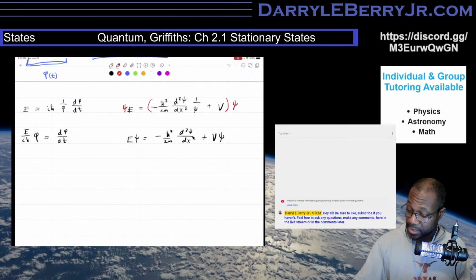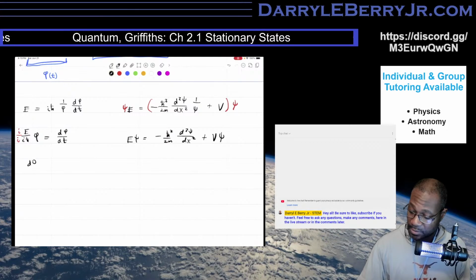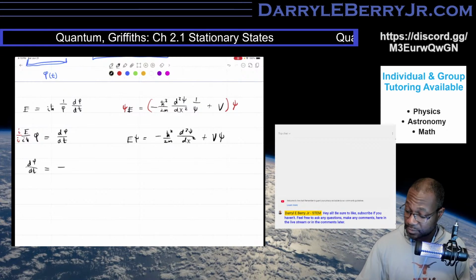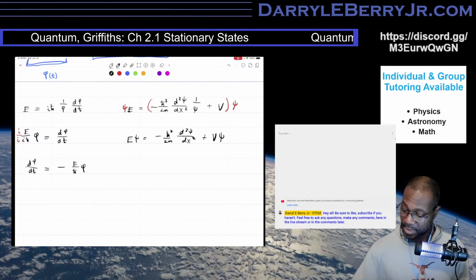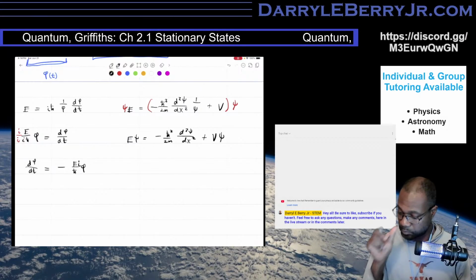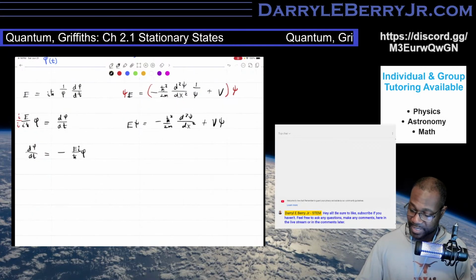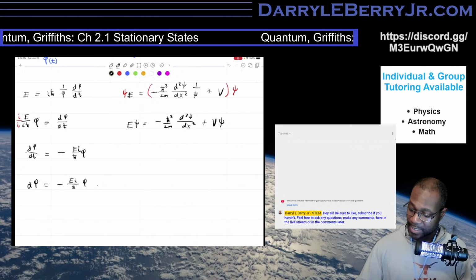And I can multiply this by i over i to simplify that side. Multiplying by 1 doesn't change anything. So d psi over dt equals negative E i over h bar psi. And we can multiply both sides by dt, and we have d psi equals negative E i over h bar psi dt.